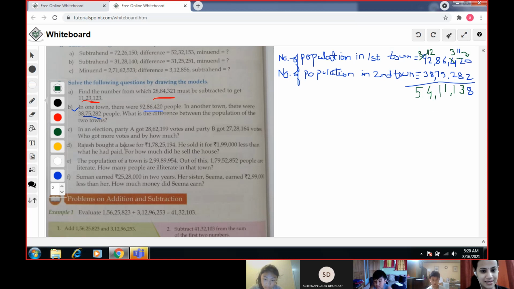So now in the last it is asking what is the difference between the population of two towns.